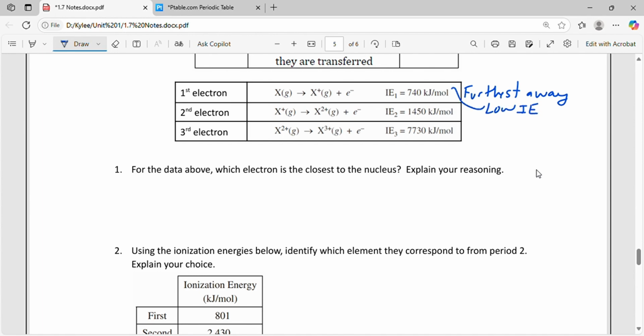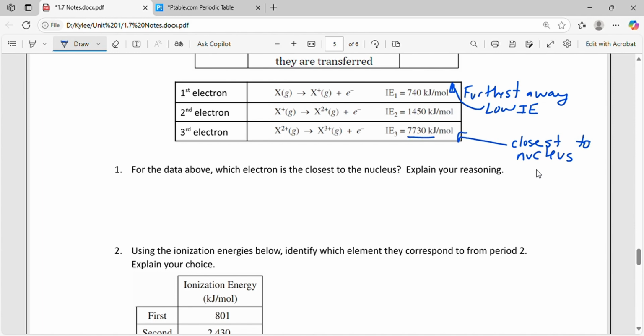So that tells me that this one is likely furthest away and that it's probably a valence electron. Ionization energy increases as you get closer to the nucleus. So this one is probably going to be closest to the nucleus. And the reason that it is closest to the nucleus, and how do I know that, is because of how high the ionization energy is.